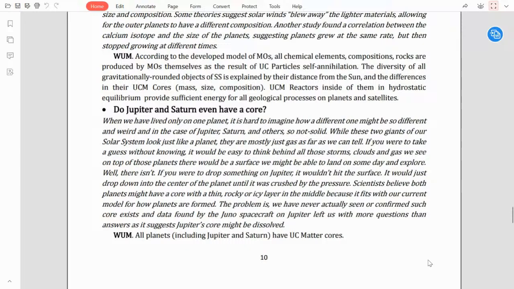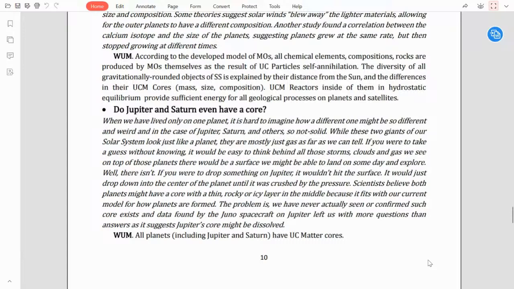While these two gems of our solar system look just like a planet, they are mostly just gas as far as we can tell. If you were to take a guess without knowing, it would be easy to think that behind all those storms, clouds, and gas we see on top of those planets, there would be a surface we might be able to land on someday and explore.